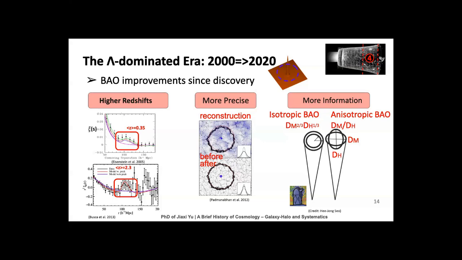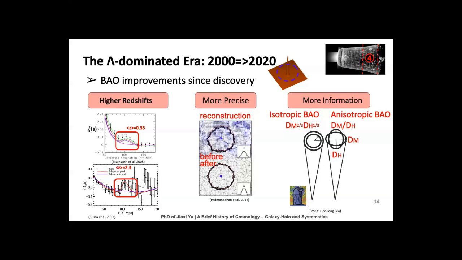You can do precise measurements if you also reconstruct the galaxy positions. The idea is that because of the velocity of galaxies, your BAO peak will be smoothed out because each galaxy is moving in the universe. They're moving because the mass distribution is not homogeneous, but you can reconstruct this movement and remove it, and then you have a reconstruction of your density field, and you measure the BAO peak much better.